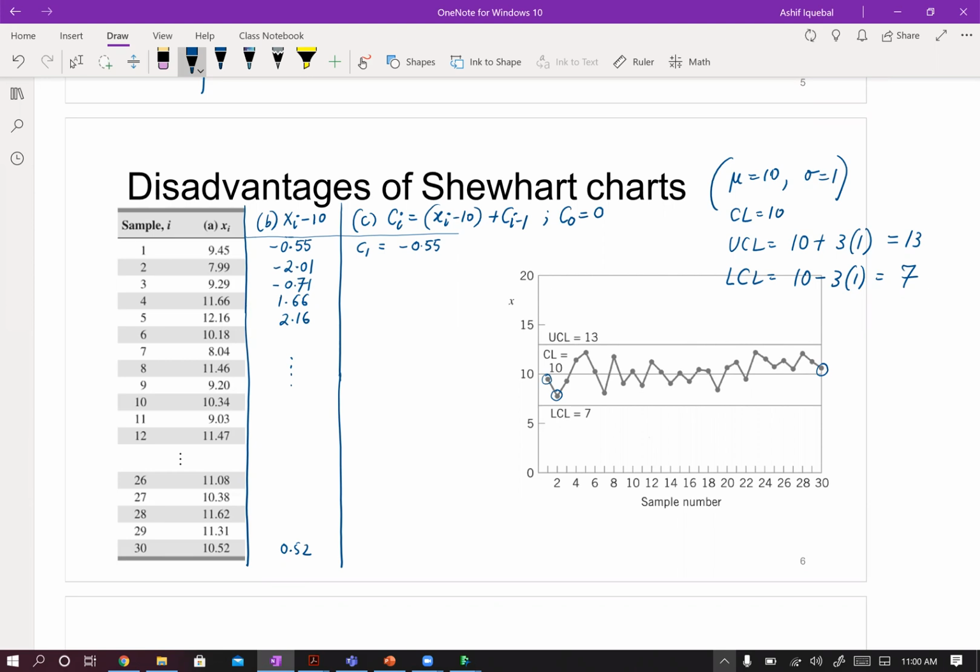Once I have C1, I will write C2 as xi minus 10, which is minus 2.01, plus C1, which is minus 0.55. This value is minus 2.56. Similarly, C3 equals minus 0.71 plus minus 2.56, which is C2, and this gives us minus 3.27.